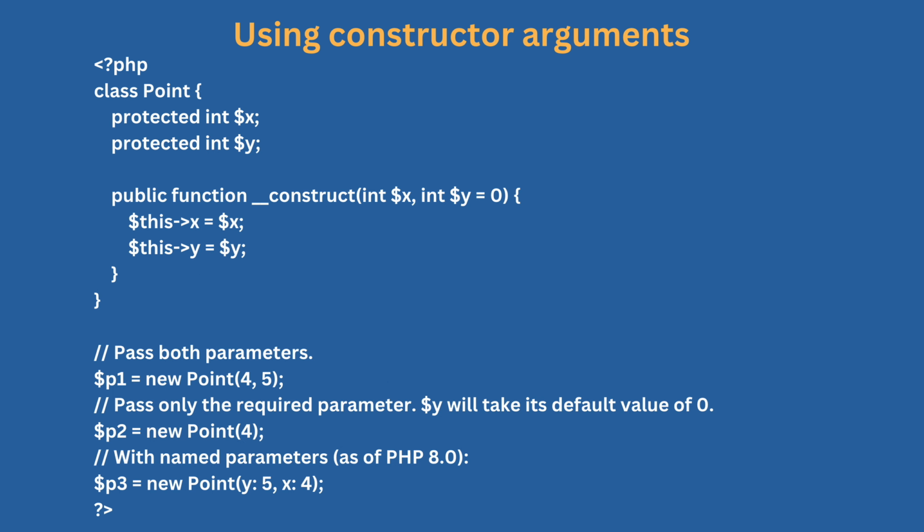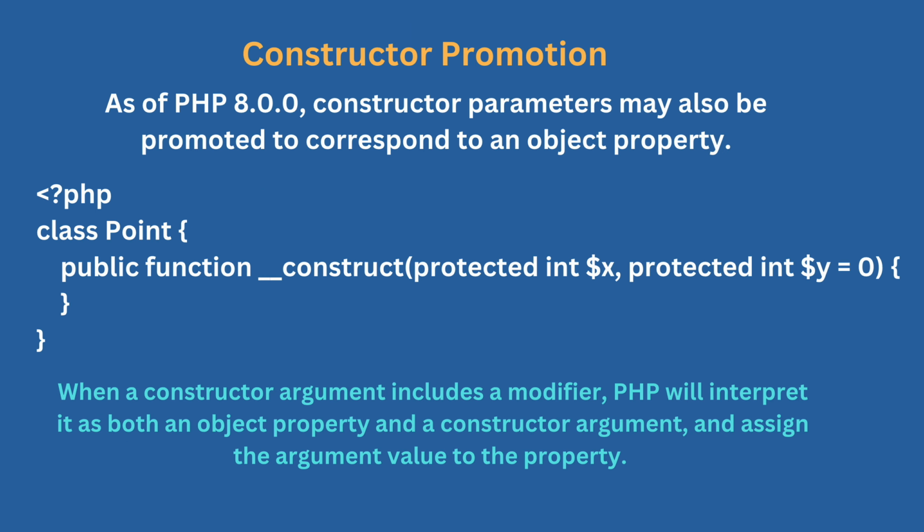Now these are the constructor arguments. There is also constructor promotion. Here you are passing some values, like constructor parameters. It's not mandatory that these parameters should be properties of this class; you can treat this variable as a property of the class also.